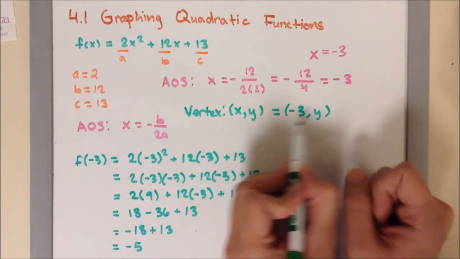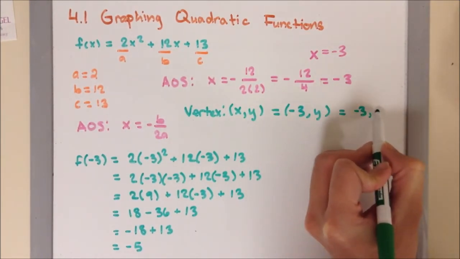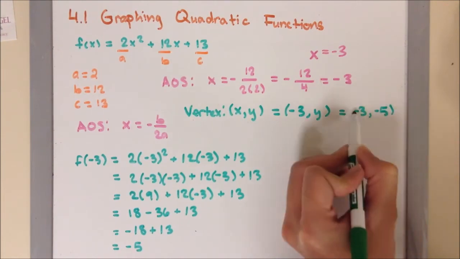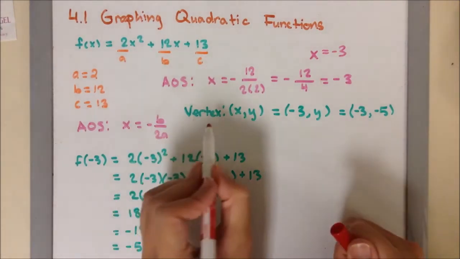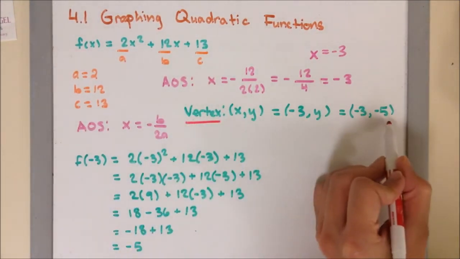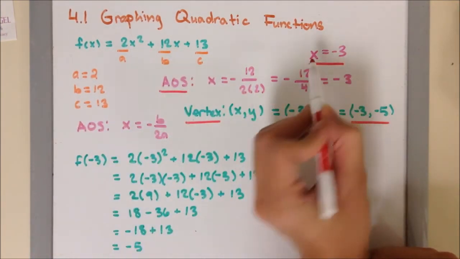So our vertex will be negative 3, comma, negative 5. So that's going to be our vertex. Let me underline vertex here. And then this is our answer. Our axis of symmetry is x equals negative 3.